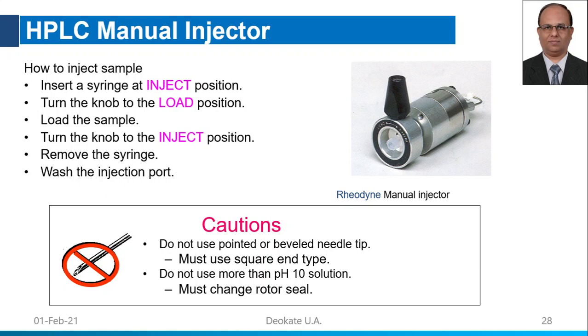When you are using such a manual injector, certain precautions need to be taken: do not use pointed or bevel needle tips. You have to use blunt needles so that they will not cause any harm to your loop system. So you must use square ended needles. And second, do not use solutions above pH 10 in the sample injection system.